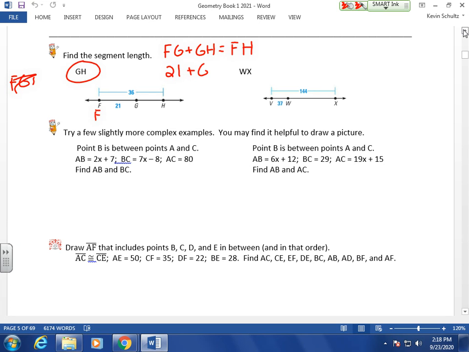GH is what I'm trying to find, but I know that FH is 36. Starting with the segment addition postulate and then plugging in the information that we know, the measure of FG and the measure of FH, we've set up a simple algebra equation that we can solve, right? Subtract 21 from both sides, and we get GH is a value of 15.